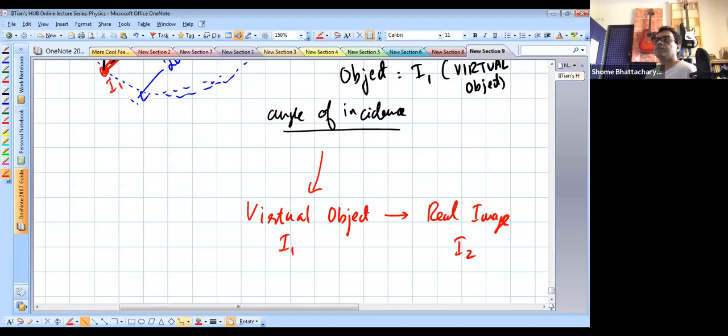So the concept that we are using over here is something we've seen before, the concept of virtual object and real image. So if you have a plane mirror like this, and the rays of light which are incident are like this, and after reflection what happens is this.